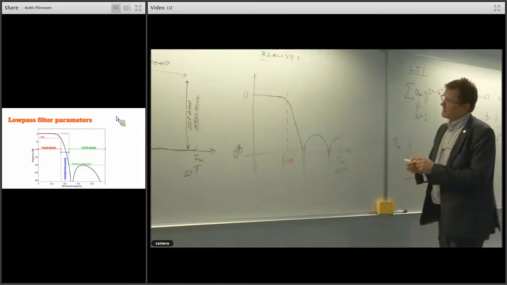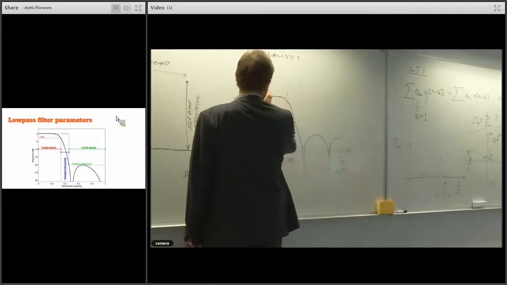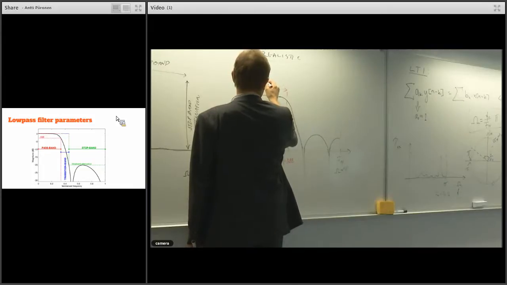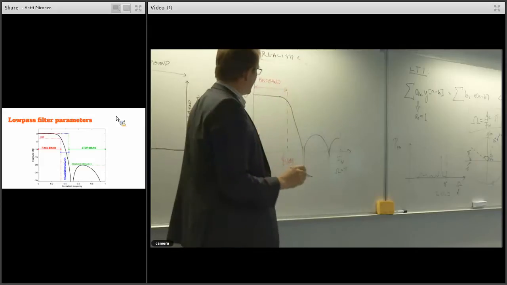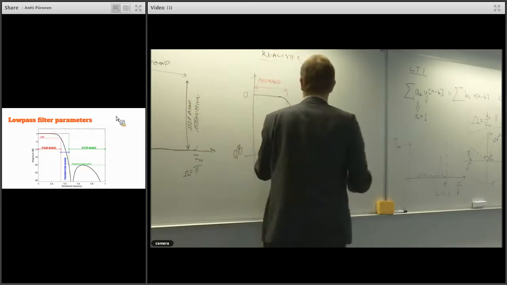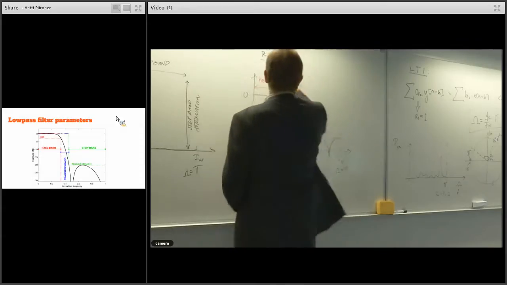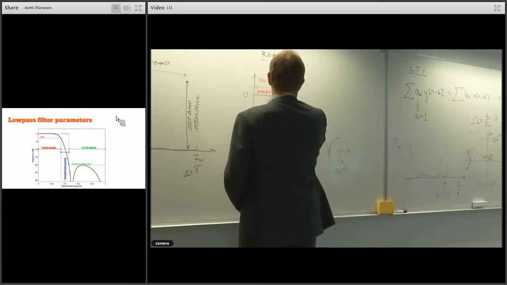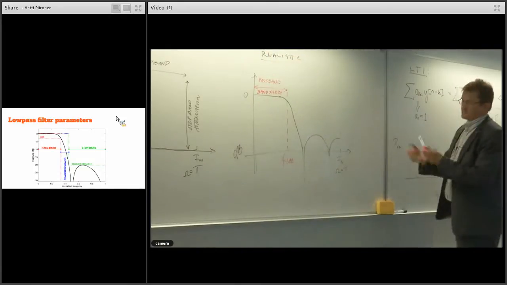So basically, now this one defines the passband, and also the bandwidth. Bandwidth for a low pass filter is the same as the passband width.